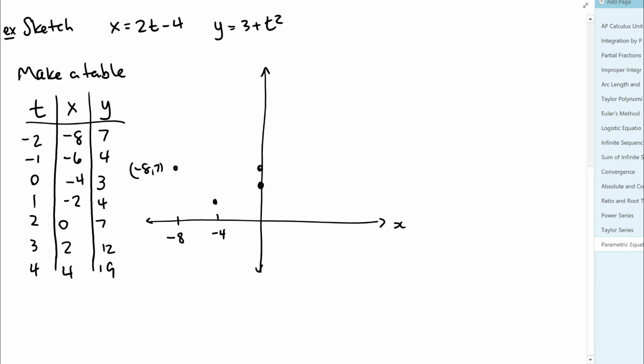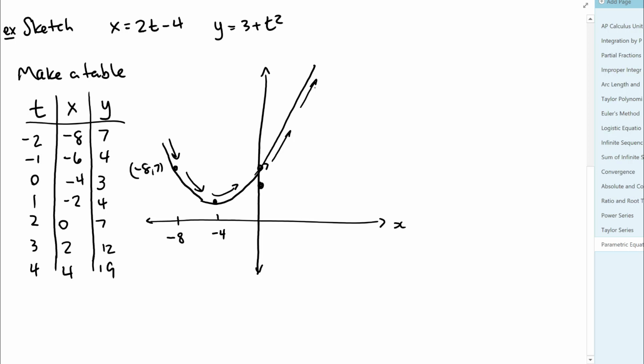Oops, I guess that would be better if it was around the same height here. So this point. And so the path looks something like this. And it's important to show the direction of movement. So the direction is looking something like as shown by these arrows. Sometimes this is an awful lot like a parabola to me.